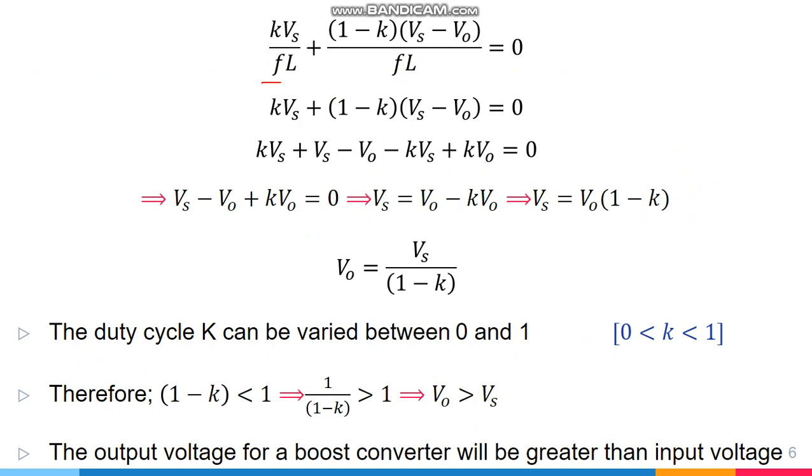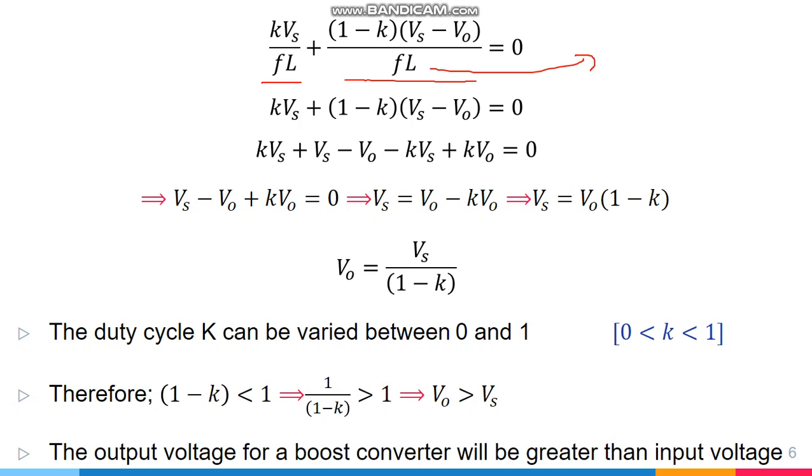This is the change during the on time, and this is the change during the off time. FL is common in both of these, so when shifted to the right side and cross multiplied it becomes 0, or you can say that FL has been eliminated from this equation.